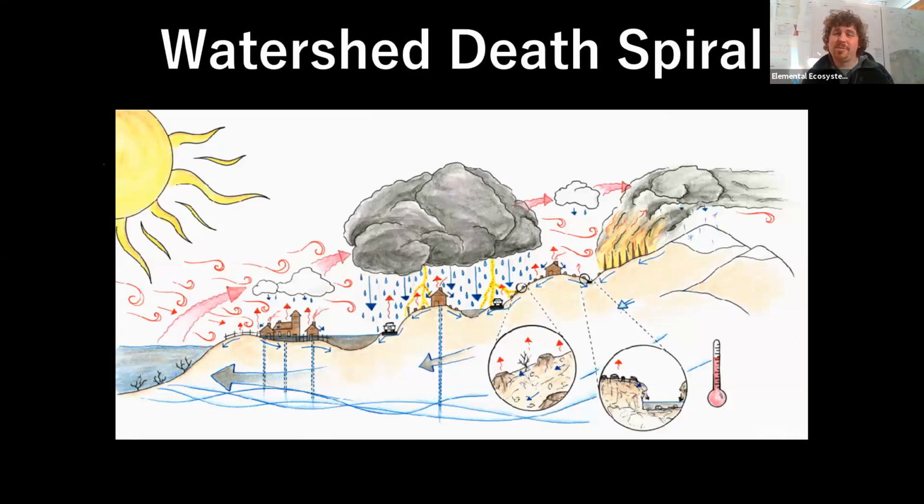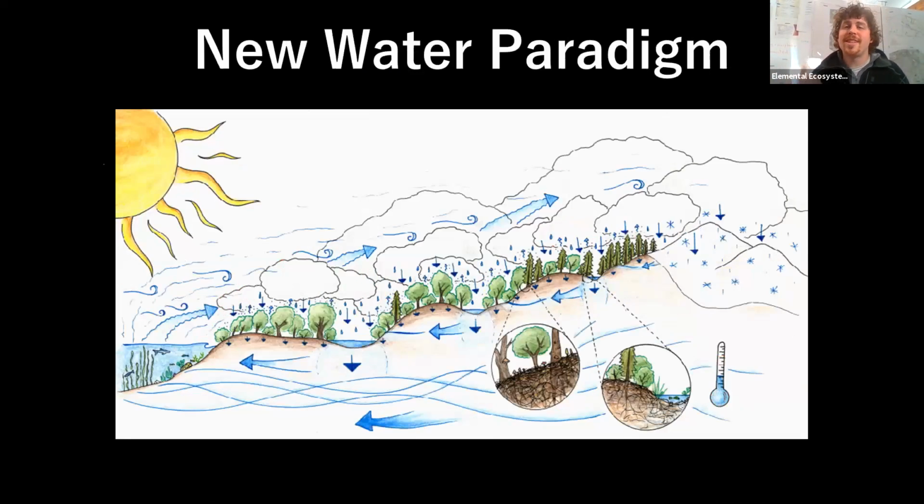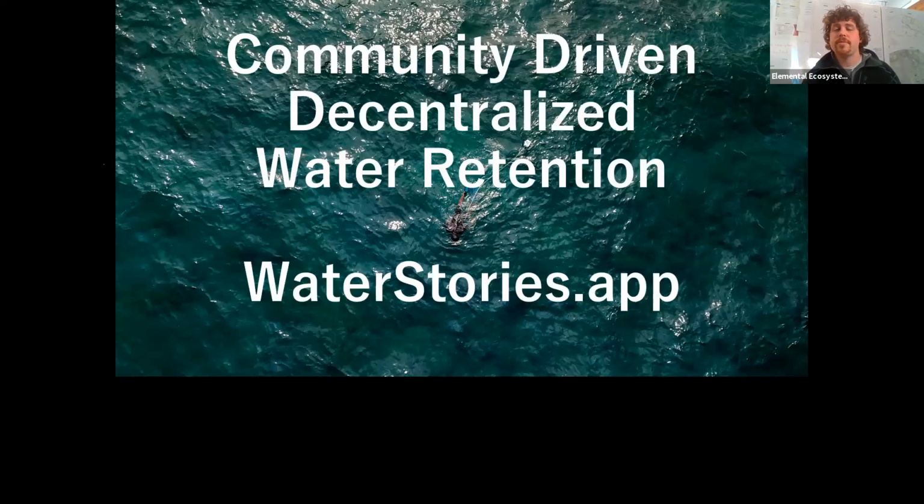Do we want a world of desert and watershed death spiral? We can keep going down this path until we're extinct if we want to. Or do we want to step into the new water paradigm? Do we really want to rehydrate, revegetate landscapes and restore the water cycle in order to achieve a better common future? So this is something I'm really passionate about.